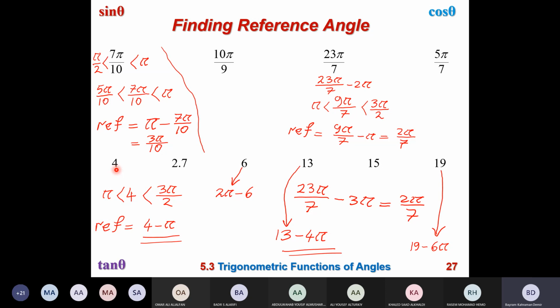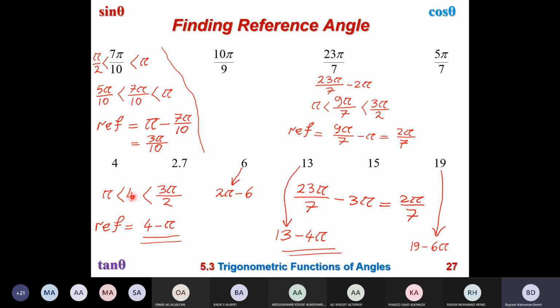So your problem is when you don't see pi, then you get confused. What is this? Well, 4 is a radian, Shabab. 4 radian. A pi radian is 3.14 radian. Pi means 3.14, you see? Now, where is this 4?